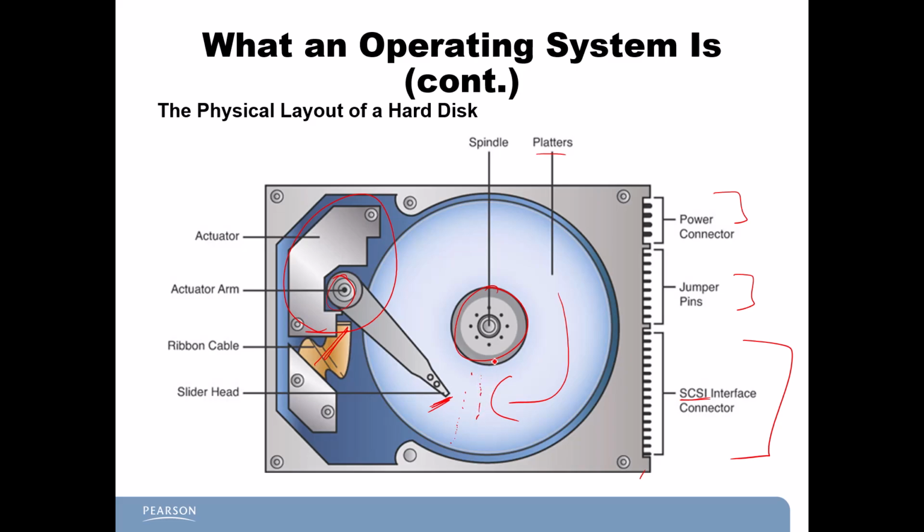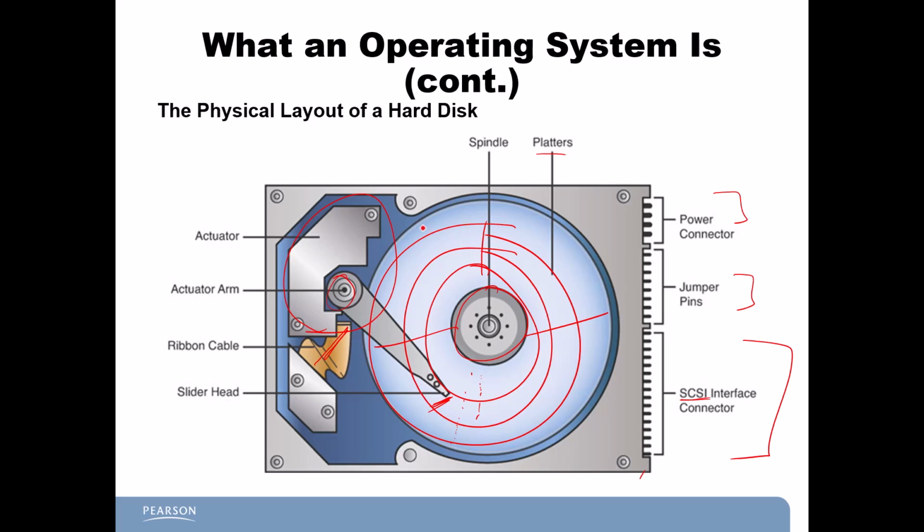The platter is organized and data is stored in sections. Each one of these has a certain amount of data that the read-write head will position itself over and read. Again, this is the physical layout of a physical, mechanical hard drive.